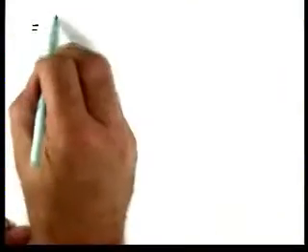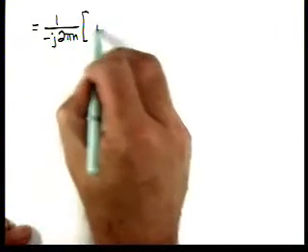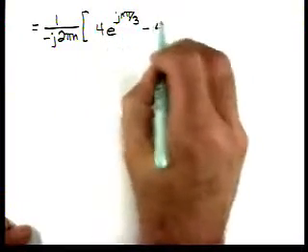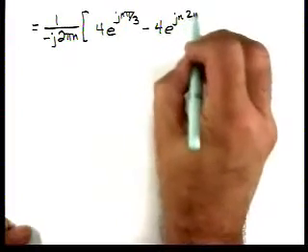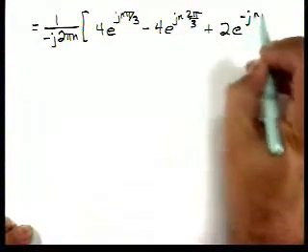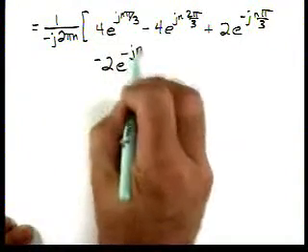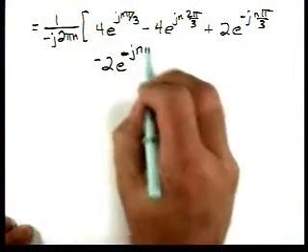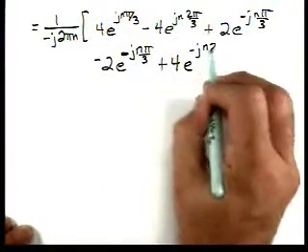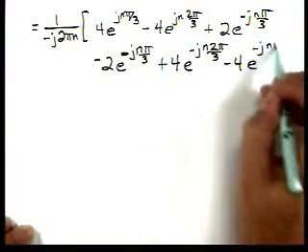We have 1 over minus j 2 pi n times: 4 e to the minus j n pi over 3, minus 4 e to the j n 2 pi over 3, plus 2 e to the minus j n pi over 3, minus 2 e to the j n pi over 3, plus 4 e to the minus j n 2 pi over 3, minus 4 e to the minus j n pi over 3.